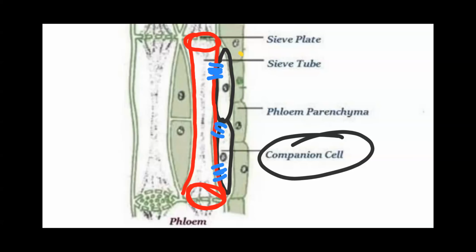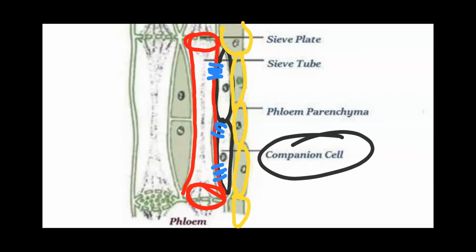Additionally, you can see that there are some parenchymatous cells on the outer side, particularly outer to the companion cells, not in direct contact with the sieve tube. These elongated, tapering, cylindrical parenchymatous cells are called Phloem Parenchyma, each with a dense cytoplasm and nucleus.